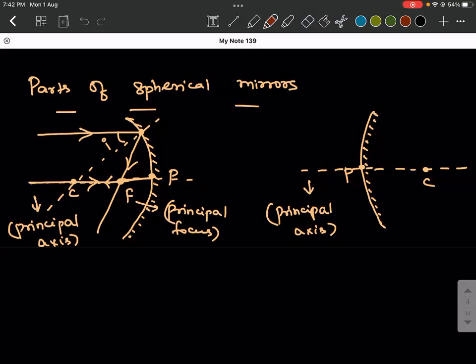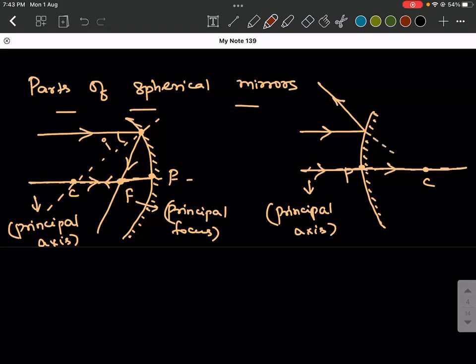Okay. Similarly, if I take a ray parallel to the principal axis for a convex surface, right, it will get diverged in this direction. Similarly, if I take another ray along the principal axis, it will pass without any deviation.